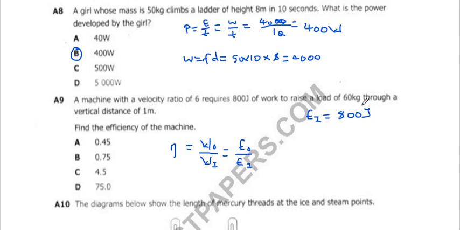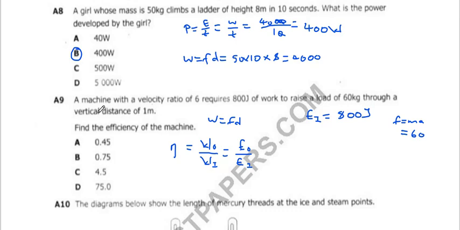So now what is the energy output? What is the work output? We do know for a fact that work equals force by distance. Force is equal to mass by acceleration. What is our mass? 60. What is our acceleration?